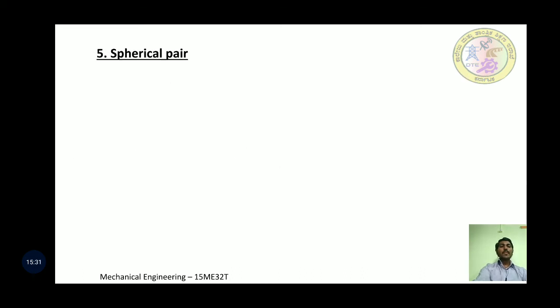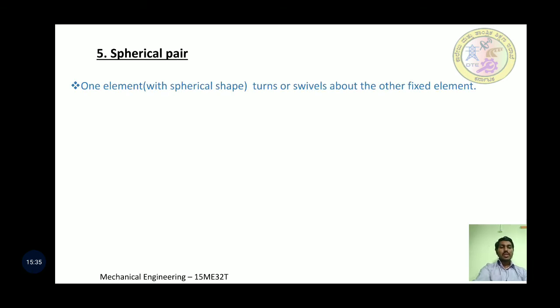Spherical pair. When two elements of a pair are connected in such a way that one element with spherical shape turns or swivels about the other fixed element, the pair formed is called a spherical pair.